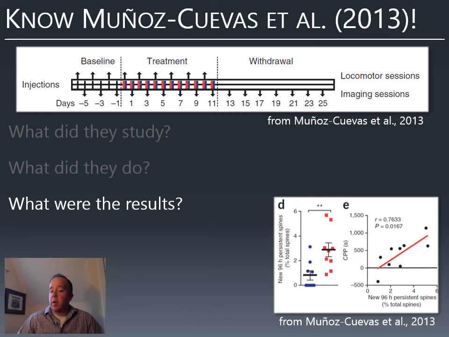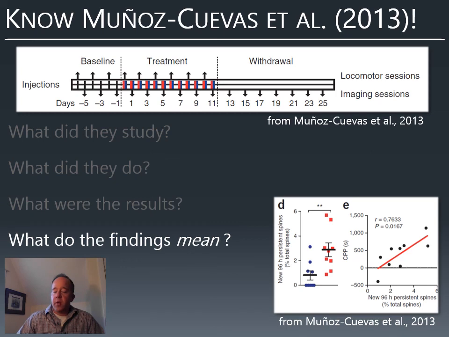And again, this is not going to be a long essay. You can get this done in a paragraph, but you could even practice writing these essay questions. I'm laying out what the question is going to be about, so you can practice writing that essay. And then what's the interpretation? What do the findings mean? We talked about that in class as well. So what is it that these findings tell us?